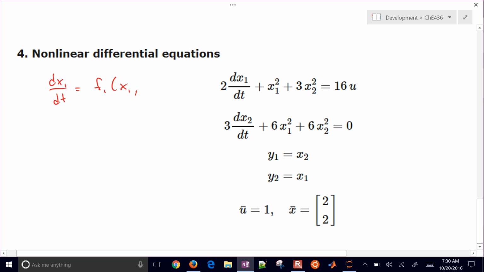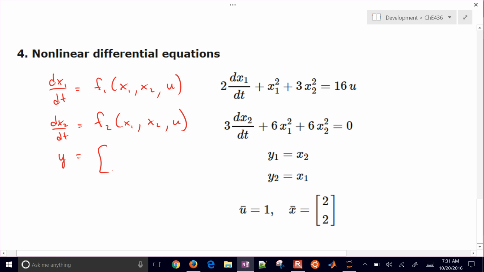dx1/dt is F1 as a function of x1, x2, and also u, and then dx2/dt is going to be our second function, and that's going to maybe be a function of each of those as well. And then we have our output equation. I'll just go ahead and write this.